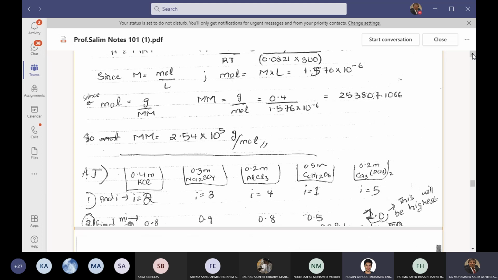Equal to KF. What is KF for water? 1.86. Can I find molality? Find out. Multiply by i. What is the value of i?